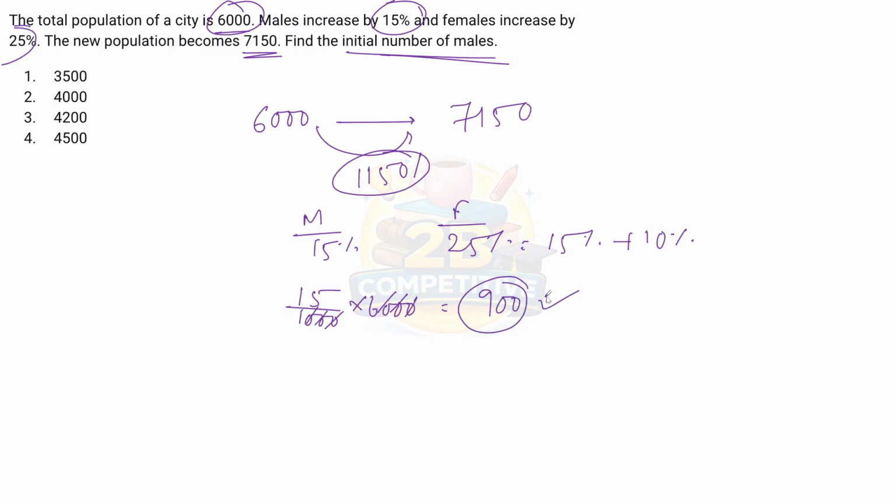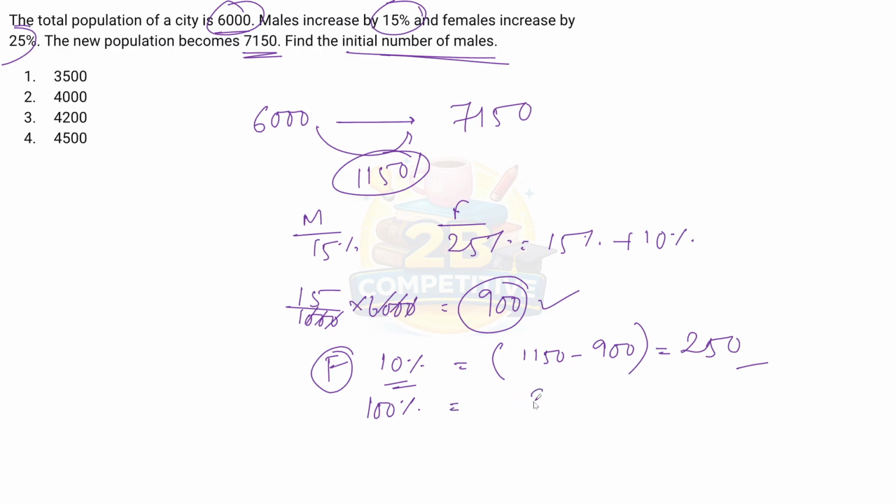If both increased by 15%, then this will be 900 increase, but actual increase is 1150. So the extra 10% is 1150 minus 900, that is 250. So 10% of female is 250. Remember, 10% of female equals to 250. So 100% of female will be 2500.